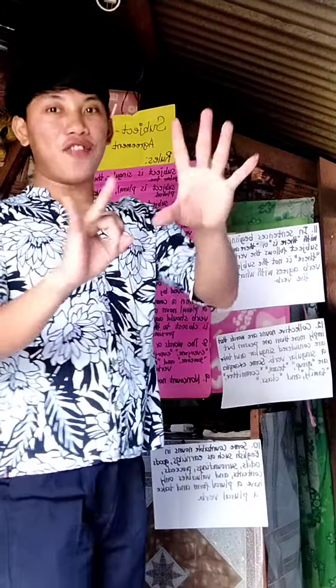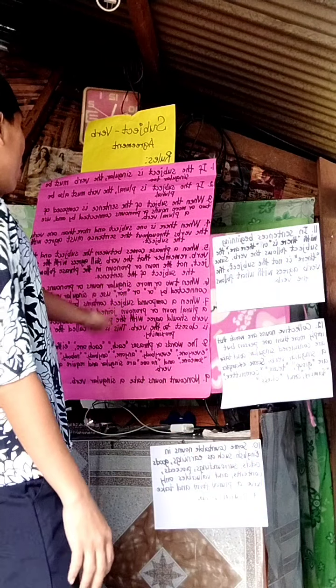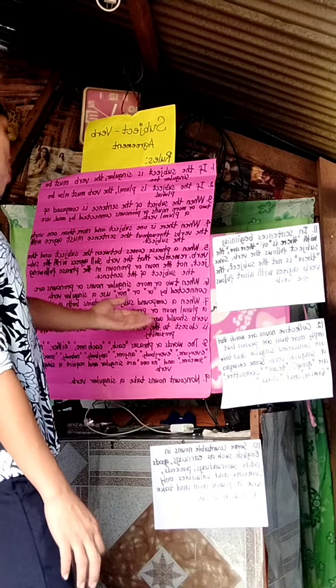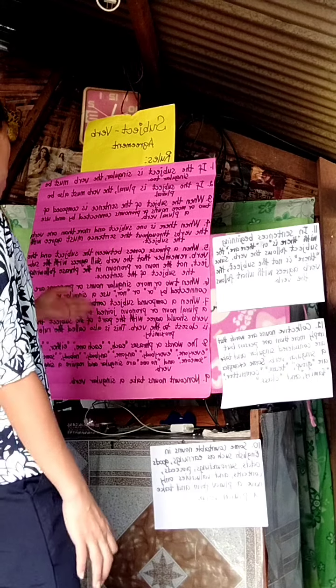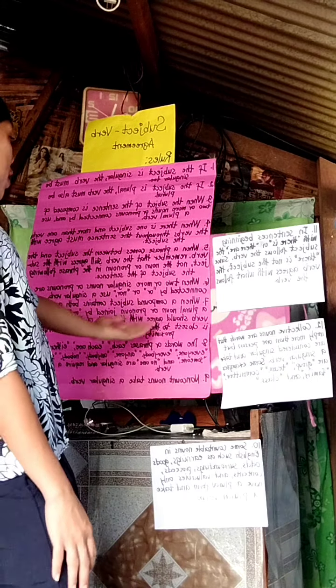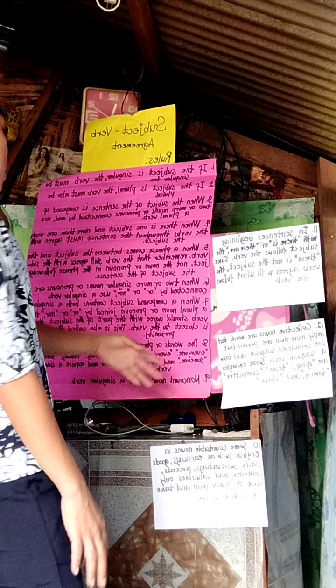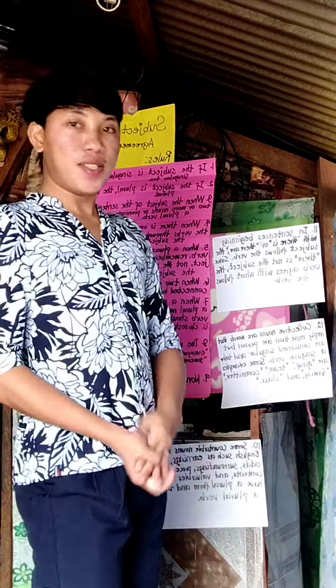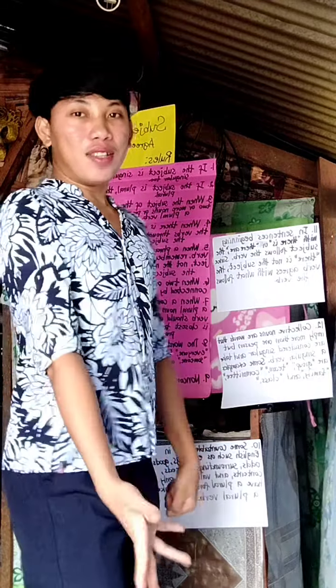Rule number 7. When a compound subject contains both a singular and a plural noun or pronoun joined by "or" or "nor," the verb should agree with the part of the subject that is closest to the verb. This is called the rule of proximity. So, look at the example.